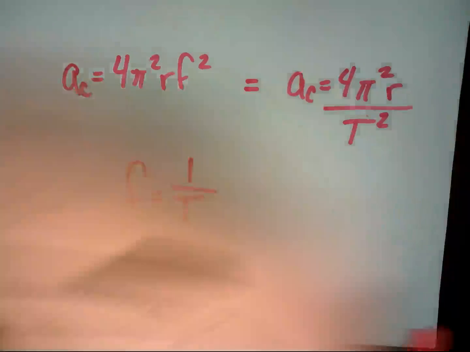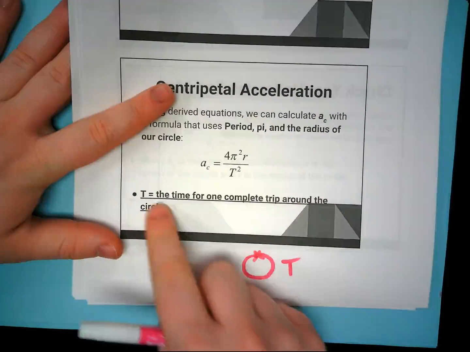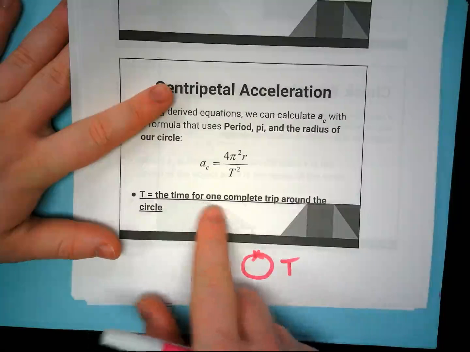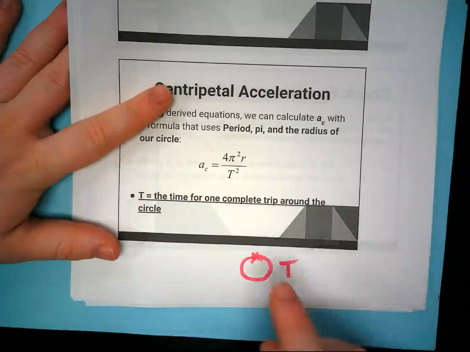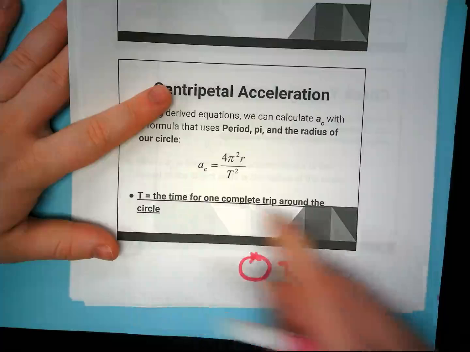If you panic and don't remember which is which, go back to your notes. It says so right here. The period is the time it takes for a particular position on a circle to complete one trip around said circle. So this is time per revolution.